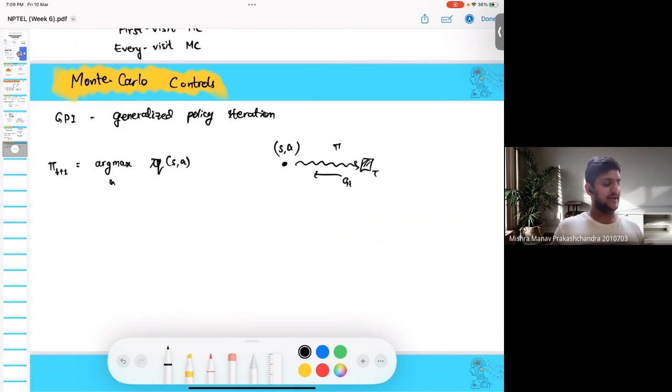This is the only condition here. The first action that you take is fixed, and after that you follow policy pi. So you always start with a state action pair.